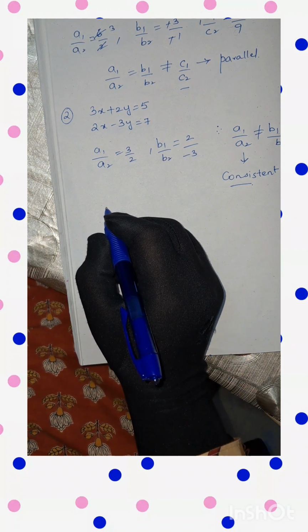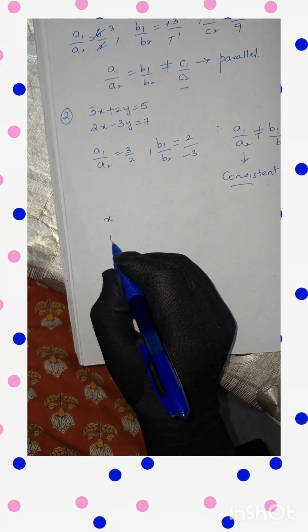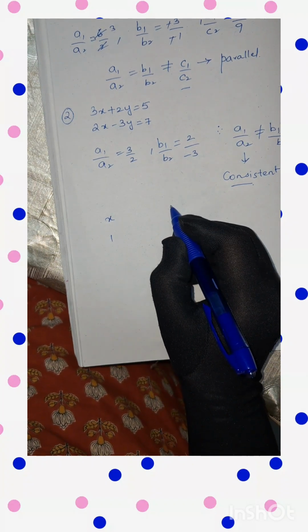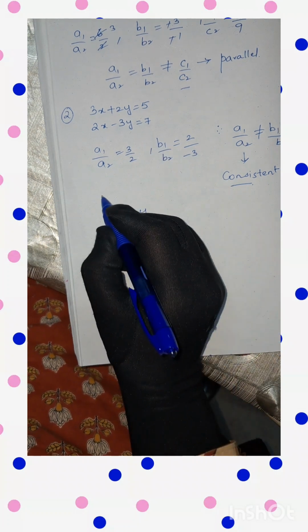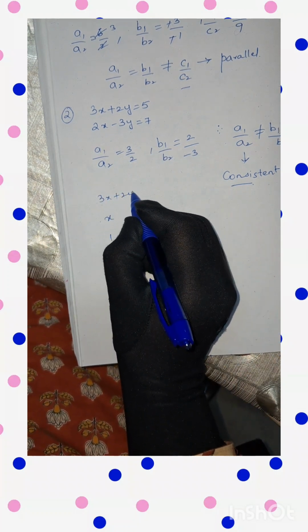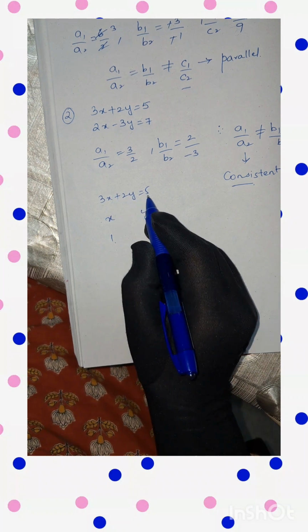So for drawing the graph, what will you do? Let us take some values of x and y. Suppose x is 1, then y will be what? Substituting in equation number 1, 3x plus 2y is equal to 5. If x is 1, 3 ones are 3, plus 2y is equal to 5.